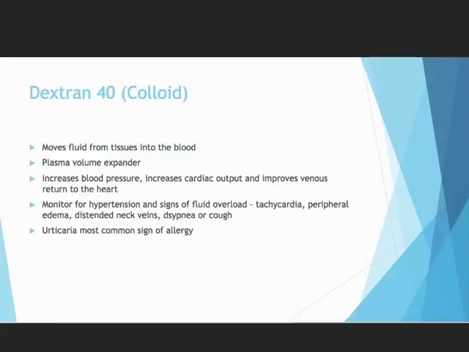But when we increase the amount of plasma volume, it's going to directly influence blood pressure, thereby increasing it, and it's going to create the same potential risk as we talked about with albumin: the risk for cardiac overload or signs of fluid overload, rapid heart rate, edema because of fluid shifting, distended neck veins or JVD, and dyspnea or cough showing pulmonary congestion, a movement of fluid into the pulmonary bed.